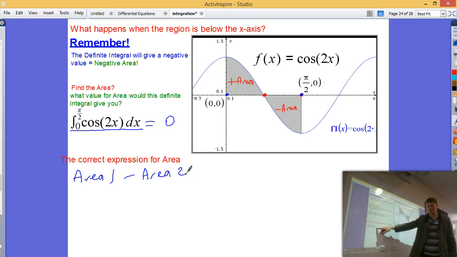So let's think about a definite integral for area 1. It has to be from the starting point, x value, and we can see that's 0, up to some upper limit, this coordinate. Now, what is that coordinate? This is our x-axis intercept of our cos of 2x graph. So that's something that must be found first.